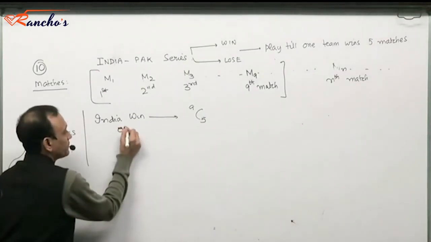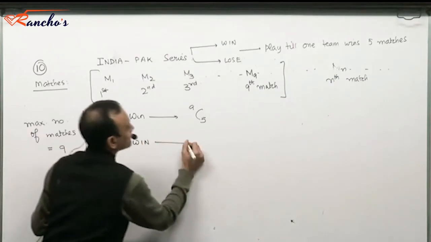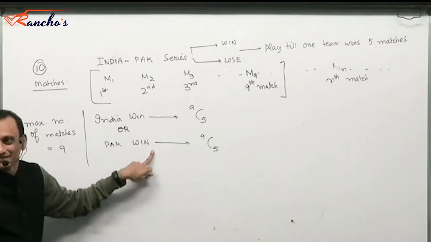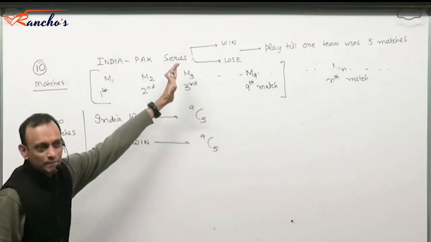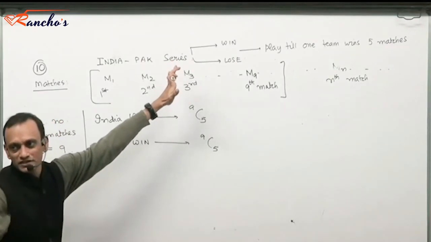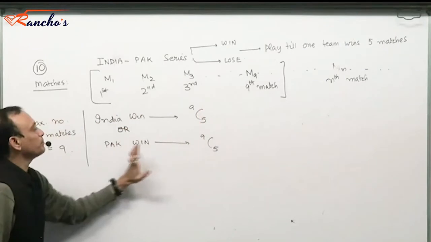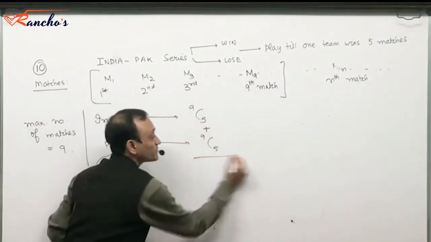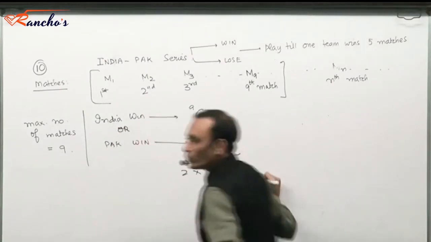Or it could be a Pak win. That's 9c5. Very theoretical, this will not happen. We have to stop here, and we will not have to go to the 9th match. Like I said, the 5th match, game over. Series over. But India wins in 9c5 ways, or Pak wins in 9c5 ways. So this plus this, so 2 into 9c5.